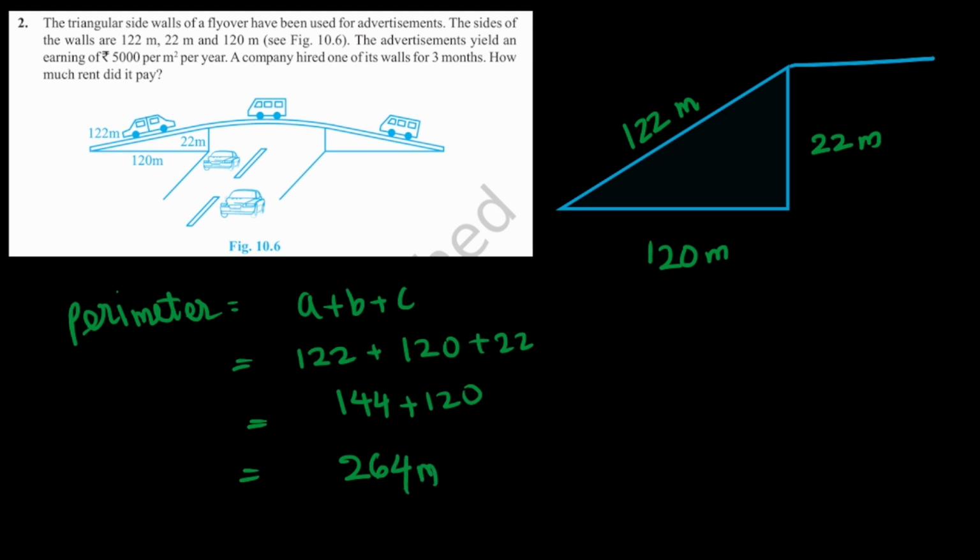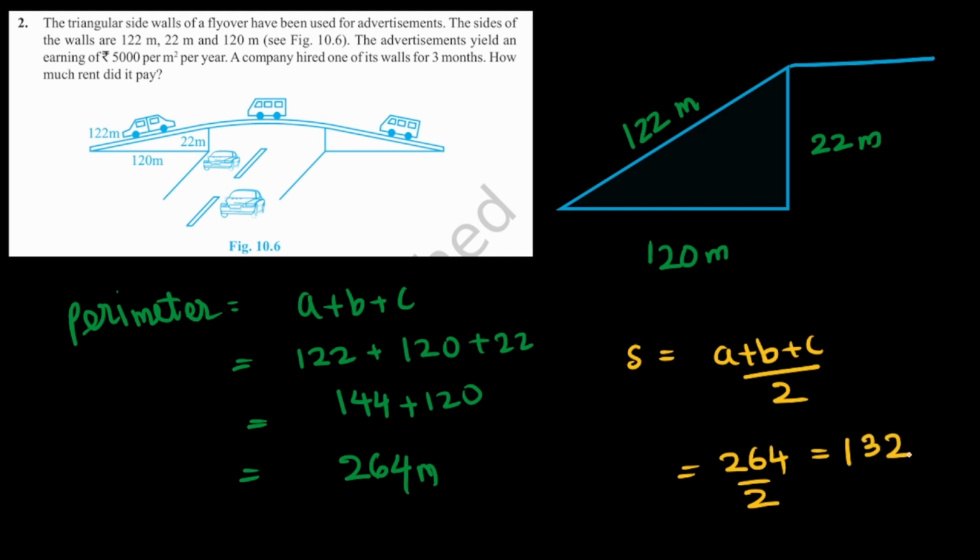Okay. Now we need to know the semi perimeter, right? What is semi perimeter? Semi perimeter is A plus B plus C divided by 2. So we have 264 divided by 2, which will get 132. Yes, 132 meters you will get as a semi perimeter.